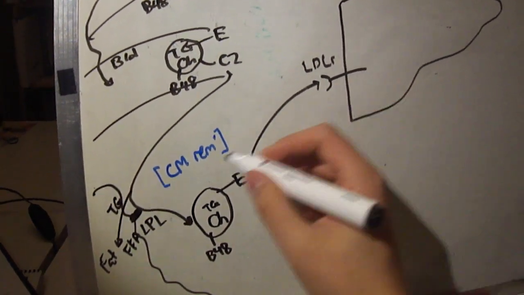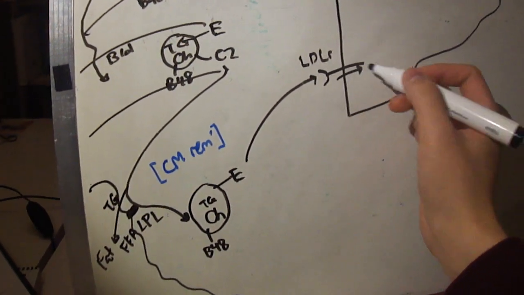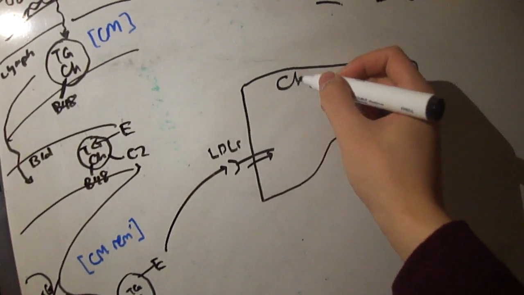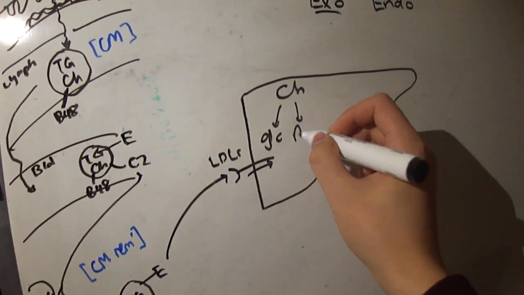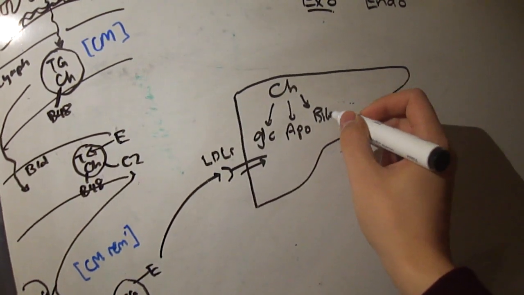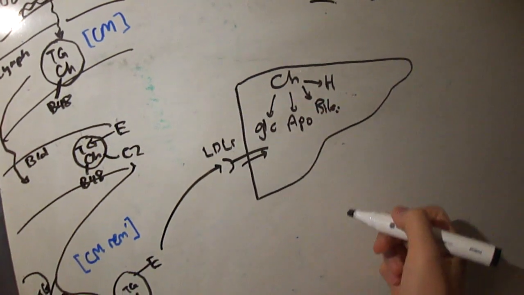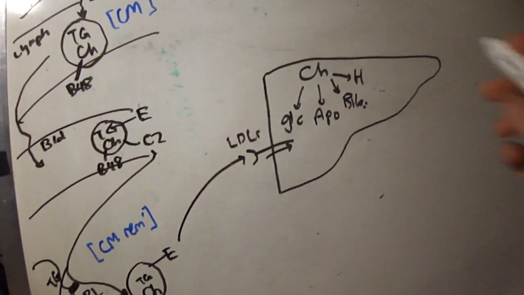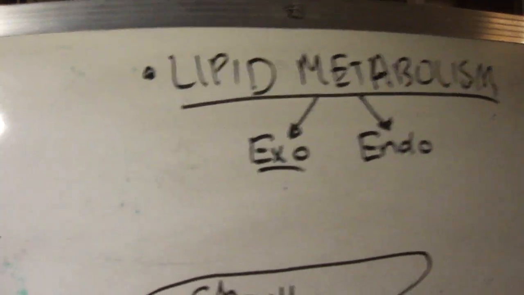The liver is then going to take up this chylomicron remnant, and it's going to use the cholesterol to make glucose, apolipoproteins, things like bile, and some hormones. So that essentially is the exogenous pathway.